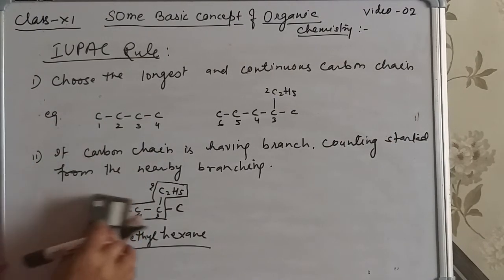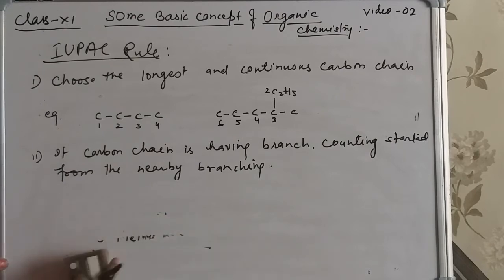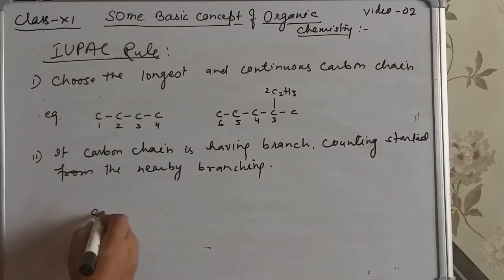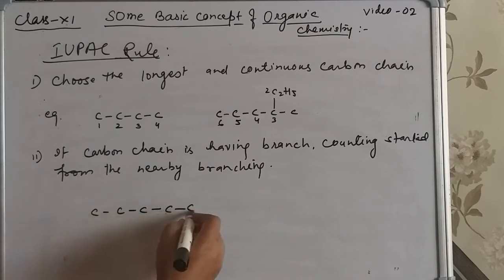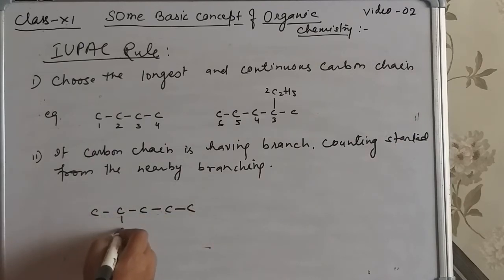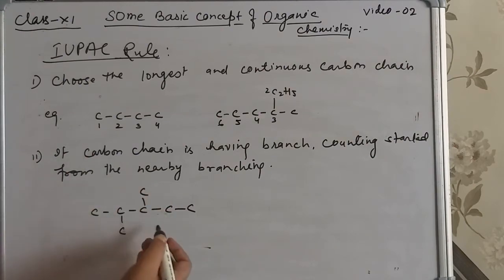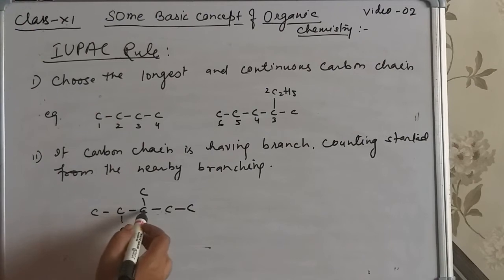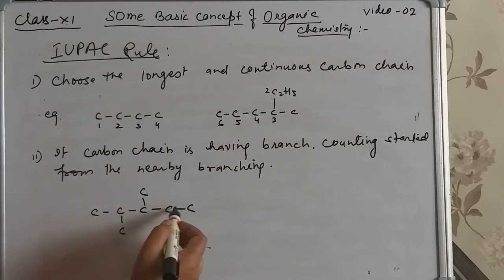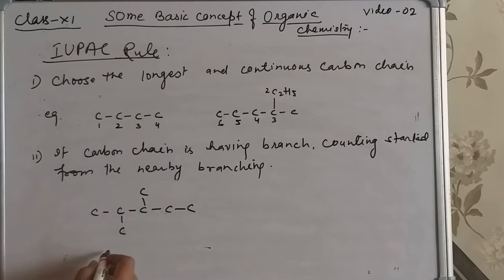Next example is, suppose one branch is given here and one branch is given here. So how can we select the correct name? If we count from this side, 1, 2, 3, or if we count from this side, 1, 2, 3, 4, the correct name will be 2,3-dimethyl.